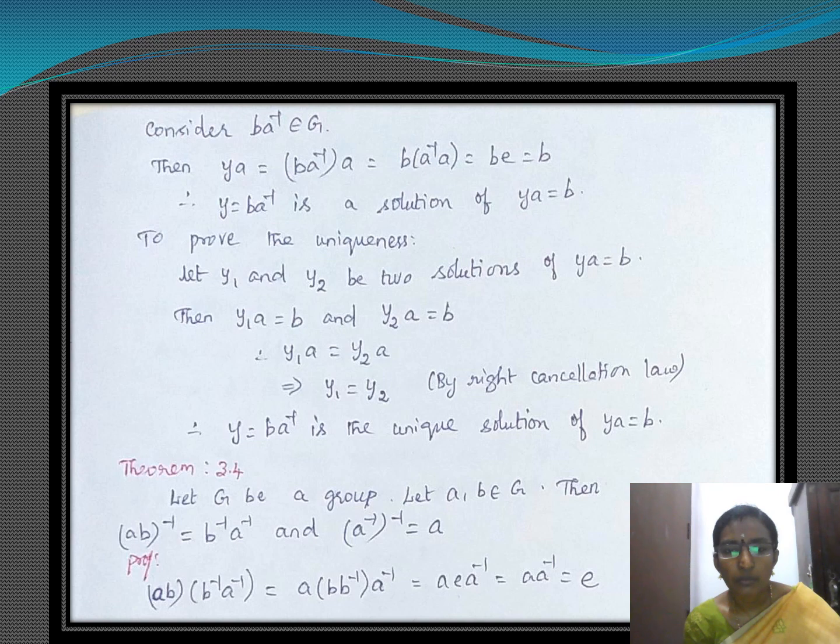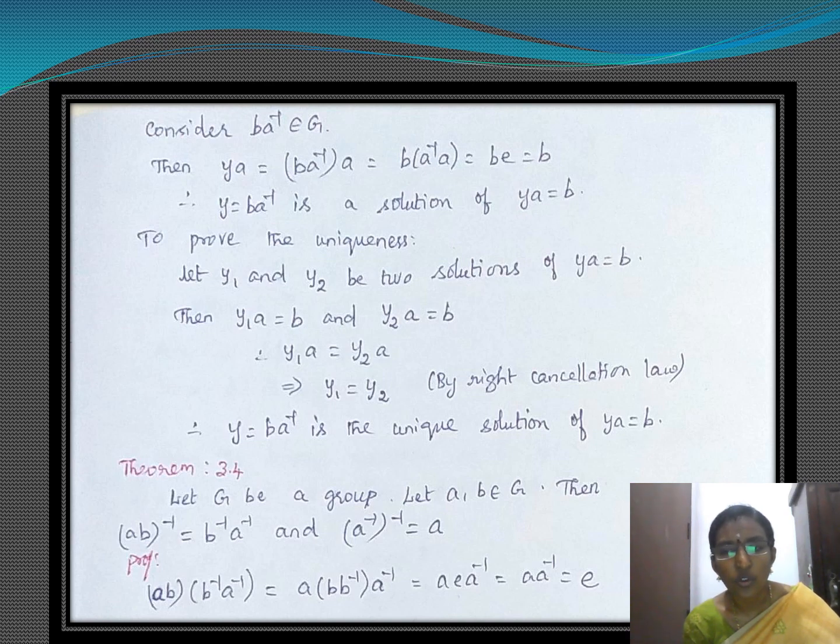Next comes property 4, theorem 3.4. Let G be a group. Let A, B belong to G. Then (AB) the whole inverse equal to B inverse A inverse and (A inverse) the whole inverse equal to A. To prove this, (AB) the whole inverse equal to B inverse A inverse.